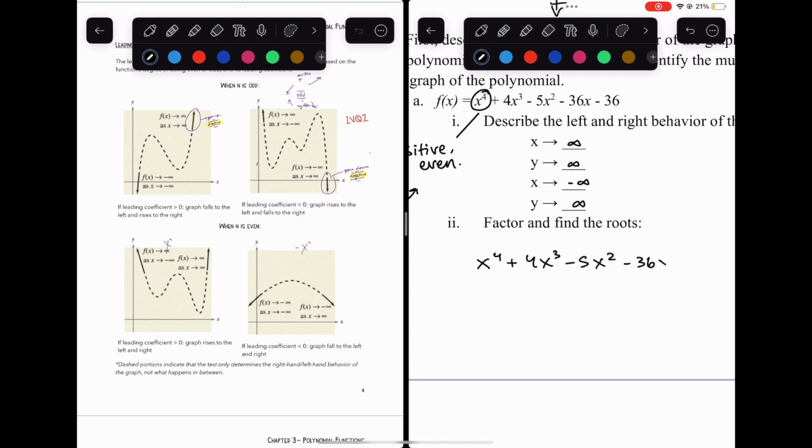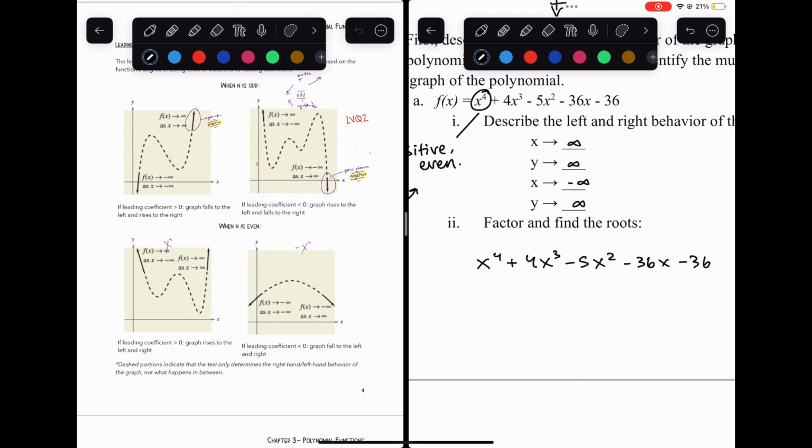So it's now time to factor and find the roots of this. We're going to use the PQ method, where you take the factors of the end term and the factors of the leading coefficient, which are the factors of -36, factors of 1, and divide them.